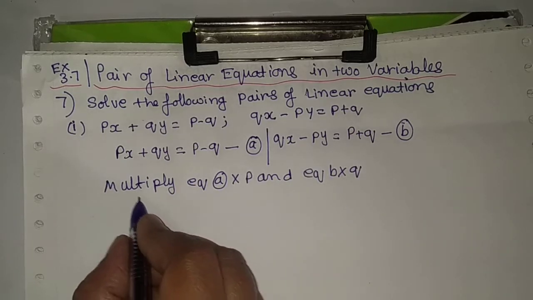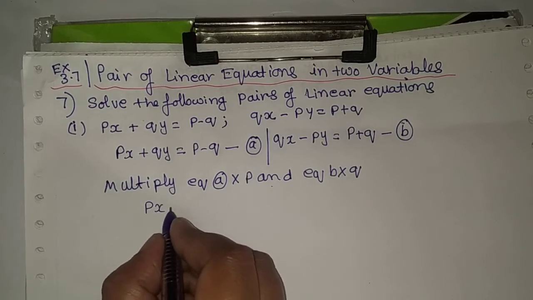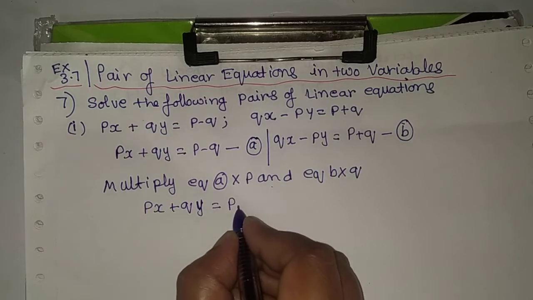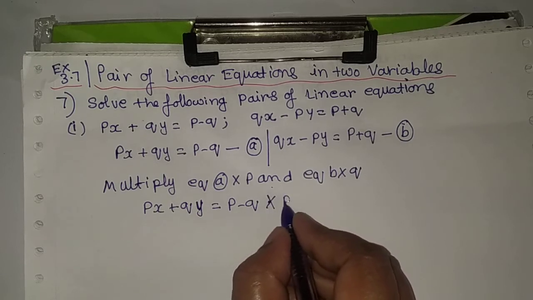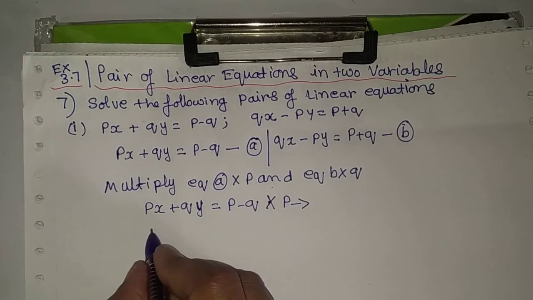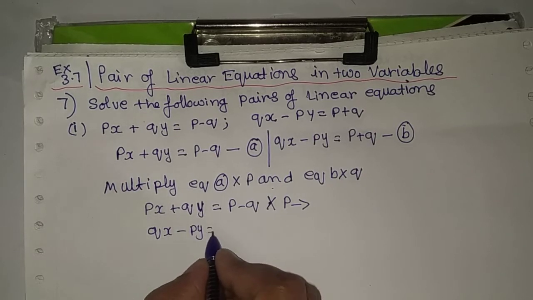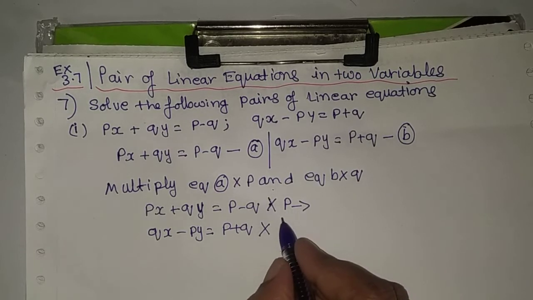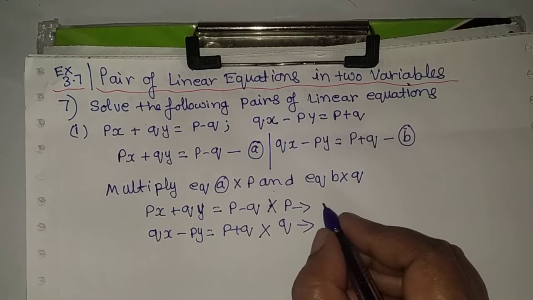Therefore what happens, now multiply this: Px + Qy = (P - Q) into P. Therefore next equation, that is Qx - Py = (P + Q) into Q. So we'll write down this one.